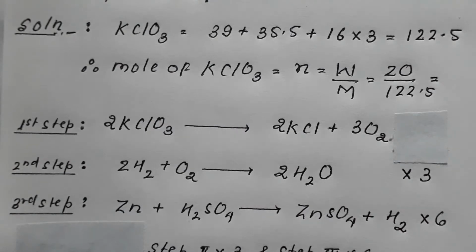Now this 3 oxygen is equivalent to 6 hydrogen, and this 6 hydrogen is equivalent to 6 zinc. So we can write 2 KClO3 is equivalent to 3O2, which is equivalent to 6H2, which is equivalent to 6Zn.